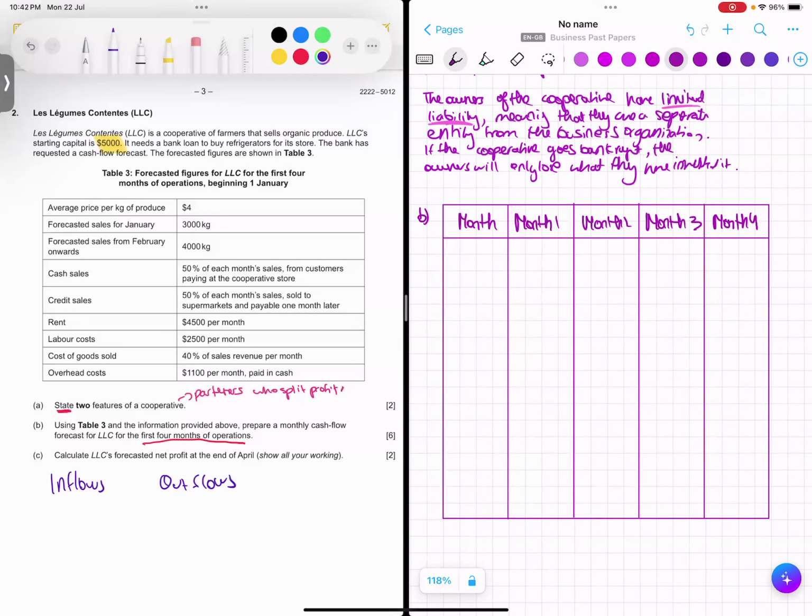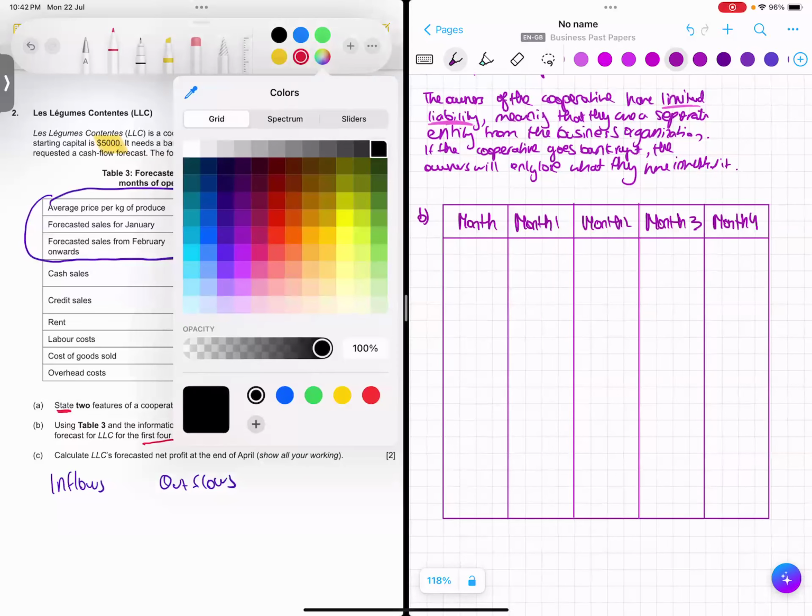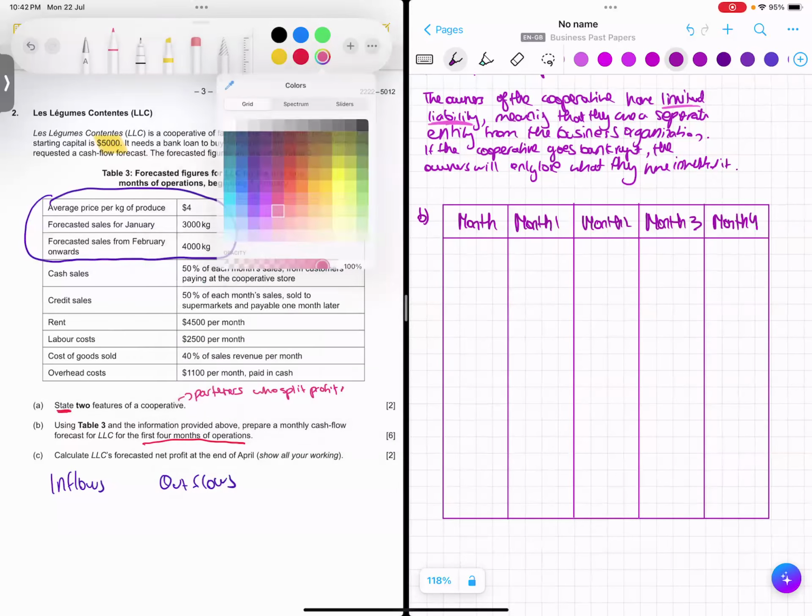So let's look at these. Out of these, these three are going to help us with calculations. So these are all for calculations. And here we have cash and credit sales, so we're going to put them in another color.